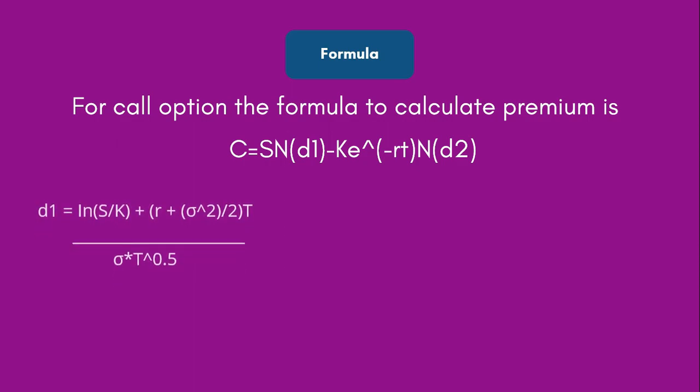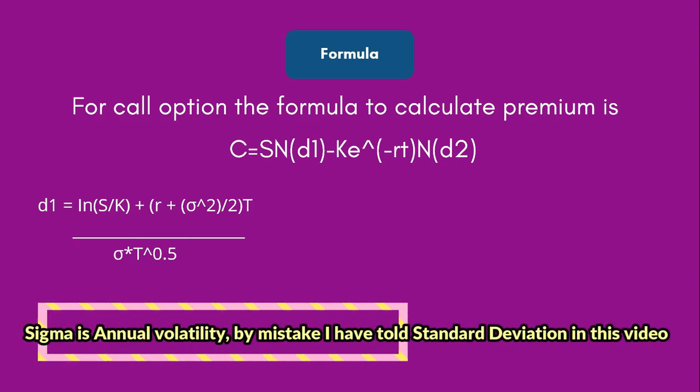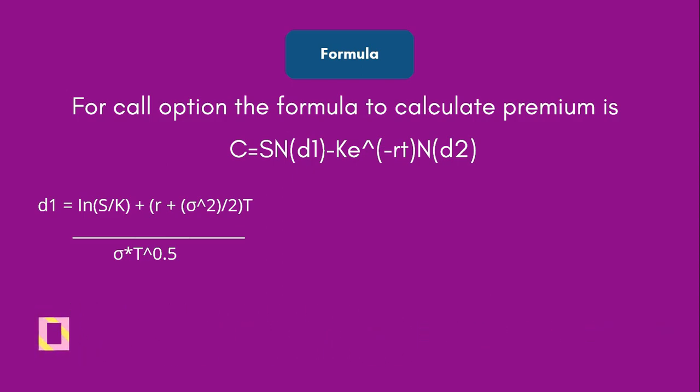Now if I want to talk about d1, it is basically log of spot price divided by strike price, to the power of e, plus risk-free rate of return plus sigma, the standard deviation, to the power of 2 divided by 2, into time till expiry, divided by standard deviation into square root of T.